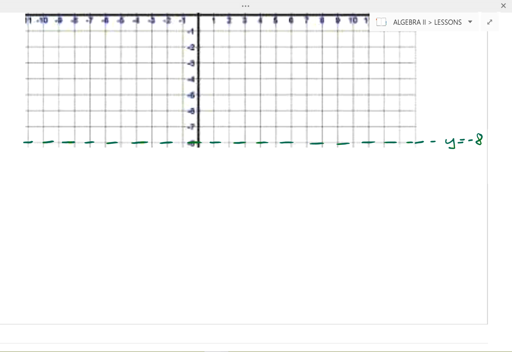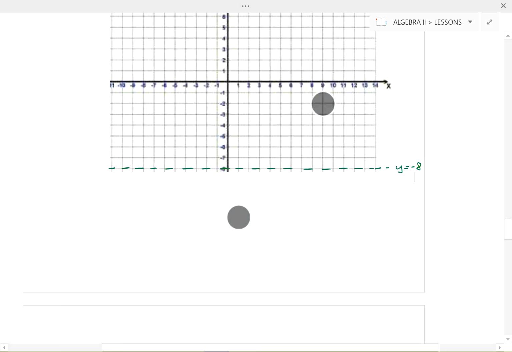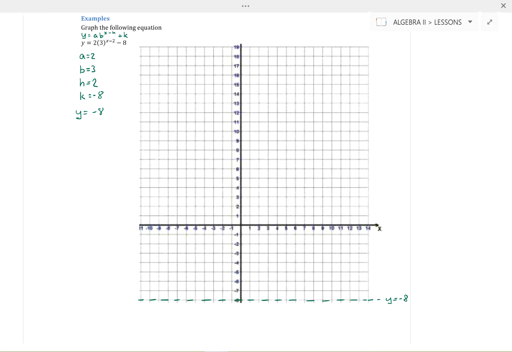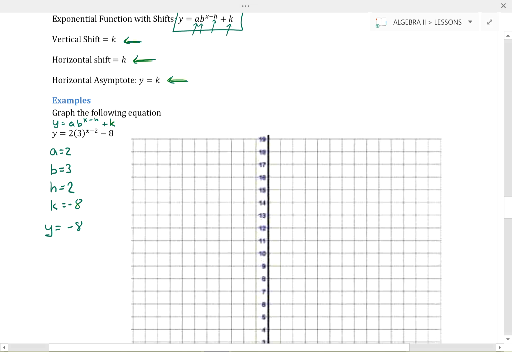So instead of the x-axis, this is the horizontal line that my equation is going to level off at. So in other words, everything has shifted down 8 units. That's why we also call the value of k our vertical shift. It's taken the whole equation and shifted it down 8 units.